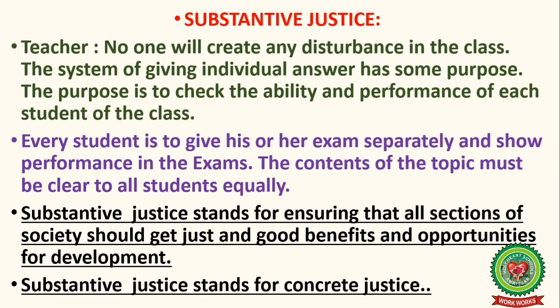Students, I hope you are clear about this substantive justice. Students, this finishes the discussion of my today's topic, that is kinds of justice. Justice is the most important concept to maintain peace in society.